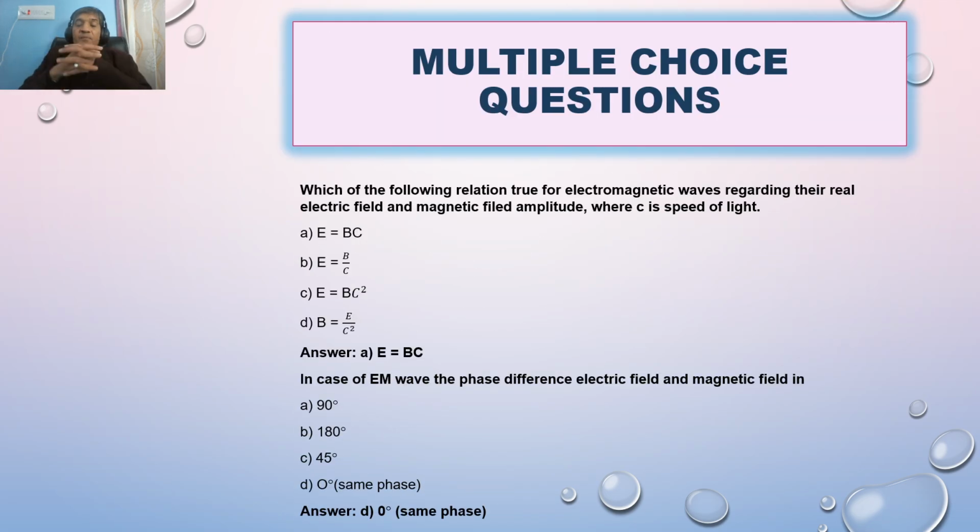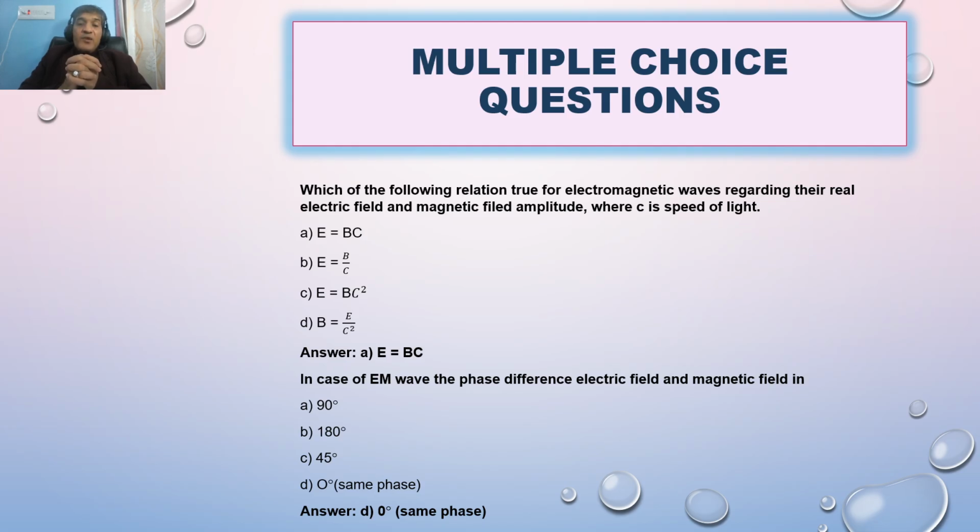So now the session comes to its ending with the start of the multiple choice questions and answers. First of all, we have a question. Which of the following relations is true for an electromagnetic wave regarding its electric and magnetic field amplitudes, where c is the speed of light?